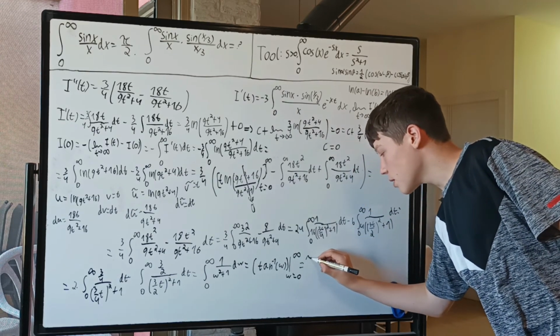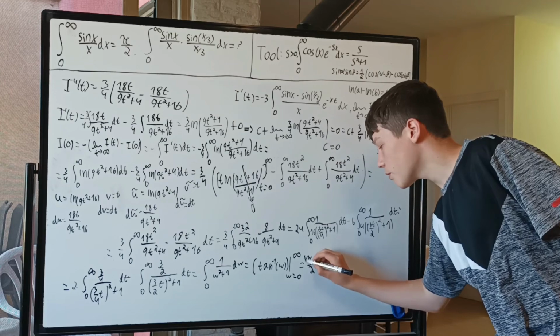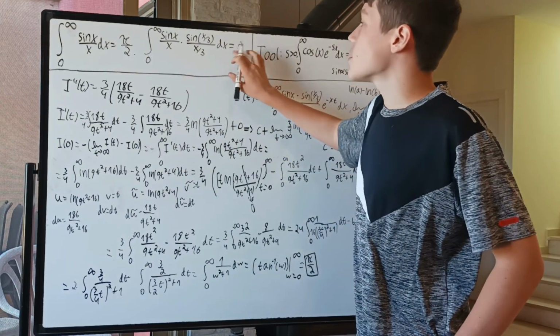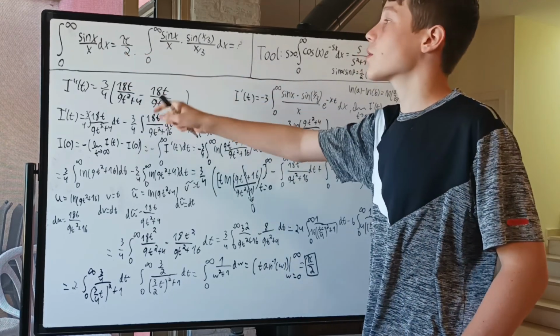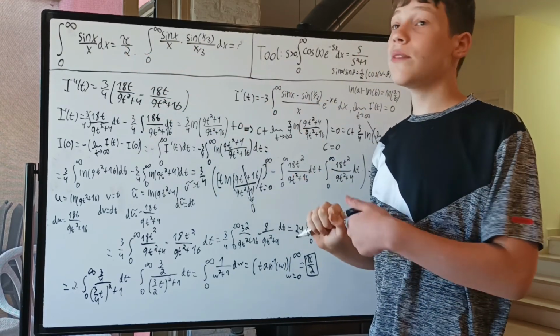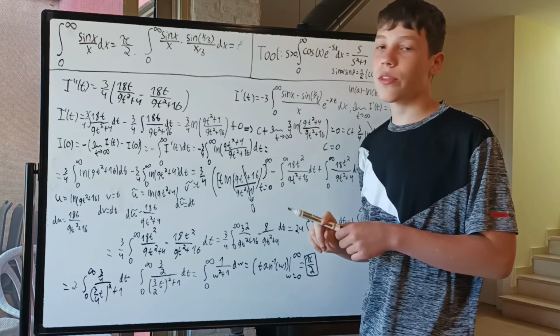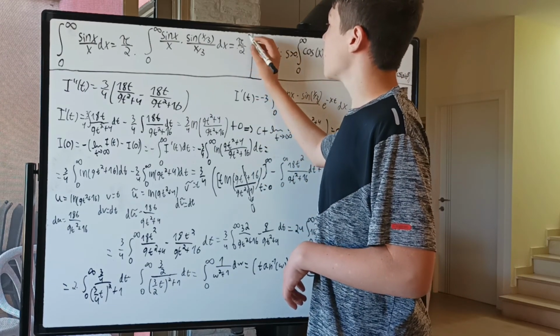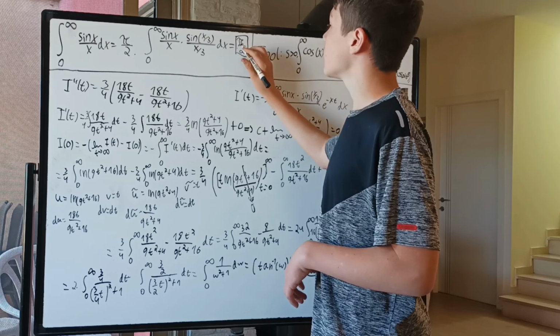So this gives us a final answer of pi over 2. So this integral is pi over 2, and this integral, even after we added this factor, sine x over 3 divided by x over 3, still stayed pi over 2.